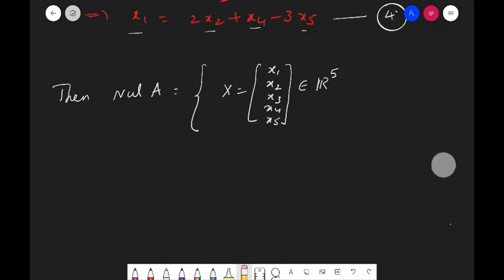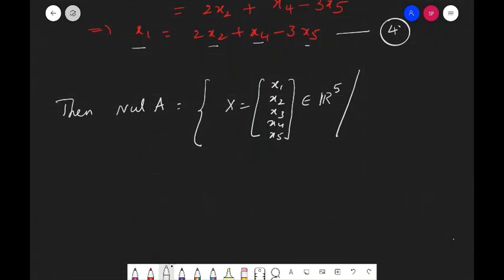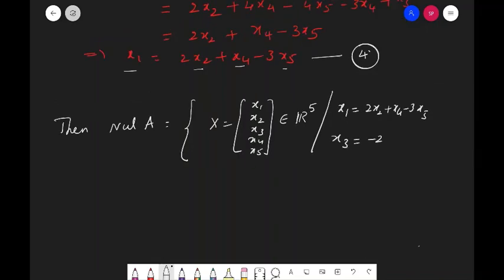This will give me these two conditions I have. What value did I get? x1 value as 2x2 plus x4 minus 3x5, and x3 value as minus 2x4 minus 2x5. I will write it in a simpler way.